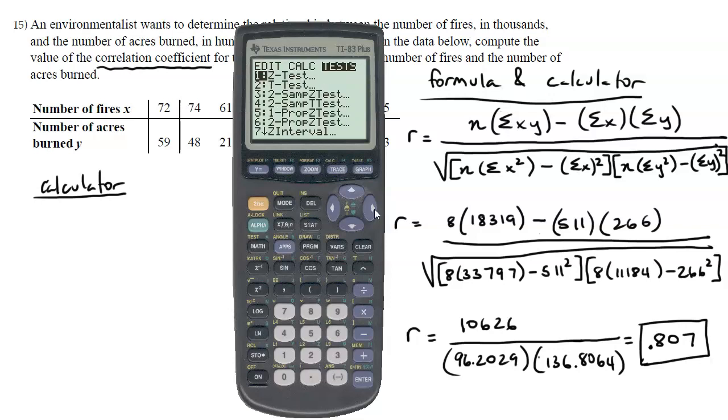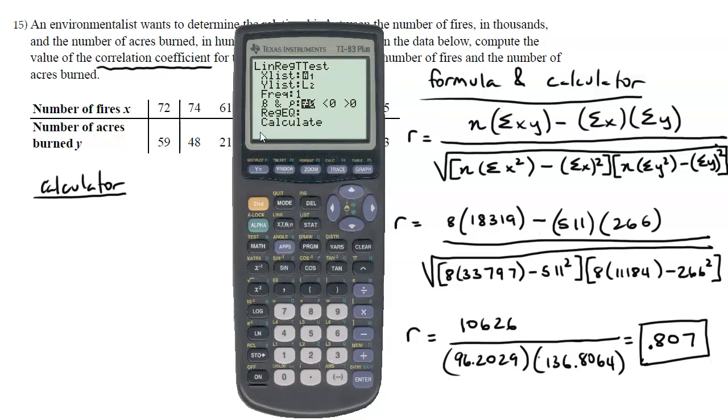I know if I do a test, the linear regression t-test, that's going to calculate the line of linear regression, the line of best fit, the least squares line, for this data if it was plotted on a scatter plot. So I hit enter.